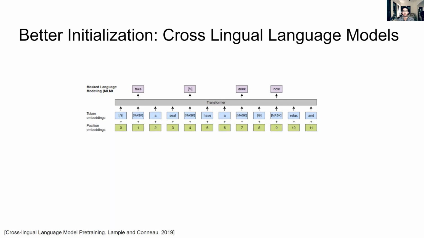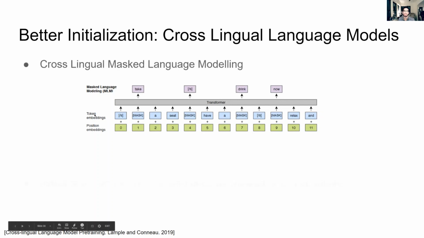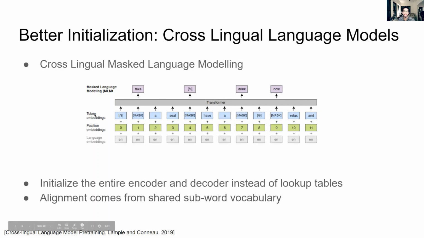So a cross-lingual language model is where you train the same model but on multiple monolingual corpora in many languages. Along with position embeddings and token embeddings, you also add language embeddings. So here the language is English. You can also add a French sentence with French language embeddings and train this model on both English and French together.